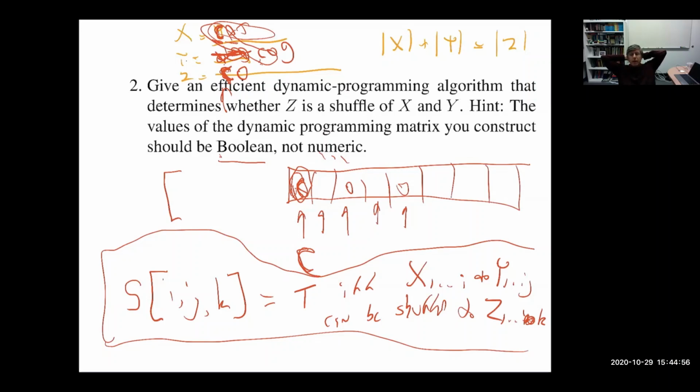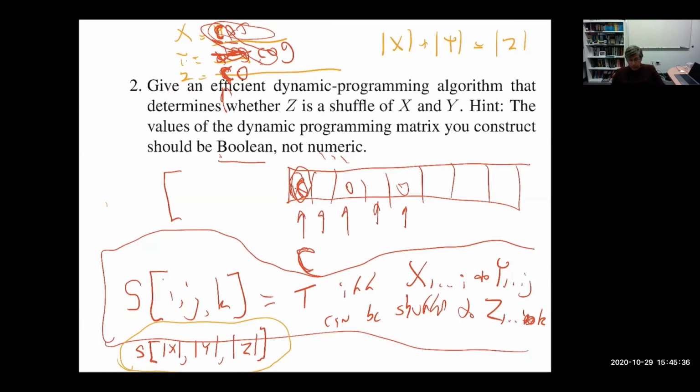Does everybody see that if I could compute this thing, this would solve my problem? What I really want to know is what is S of length of X, comma, length of Y, comma, length of Z. If this is the question I'm being asked: can all of X and all of Y be shuffled to all of Z?